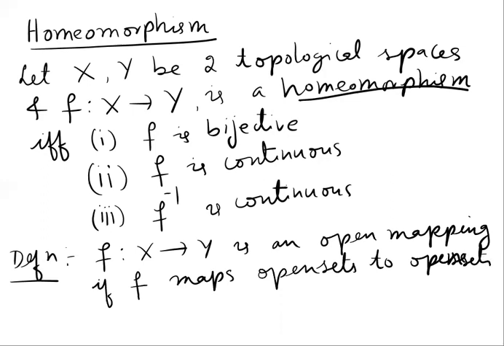And a function is said to be a closed mapping if it maps closed sets to closed sets.